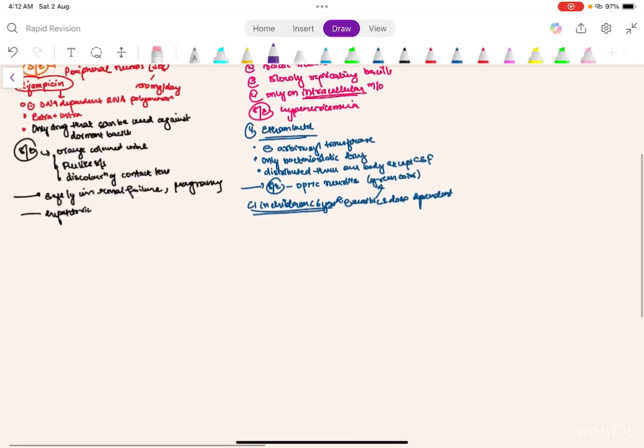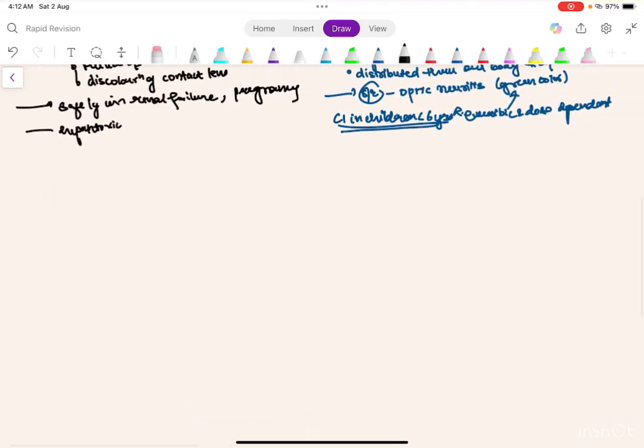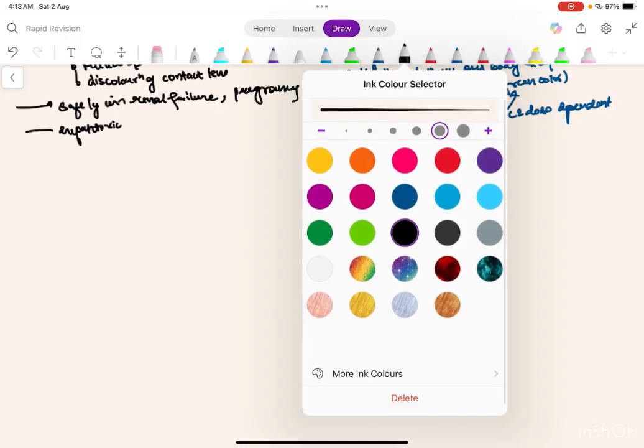Now there are certain categories of patient, and according to them you treat the patients. Let's understand the treatment aspect.